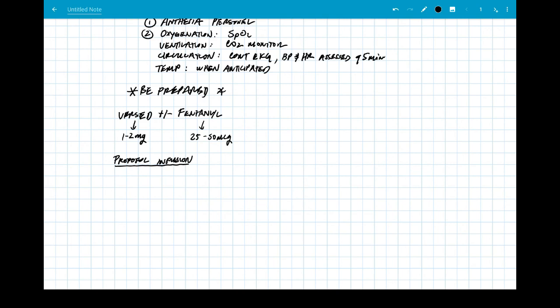They recommend inducing M.A.C or moderate sedation with either 50 milligrams per kilogram bolus or starting the infusion at 100 to 150 micrograms per kilogram per minute, and let that run for 3 to 5 minutes.